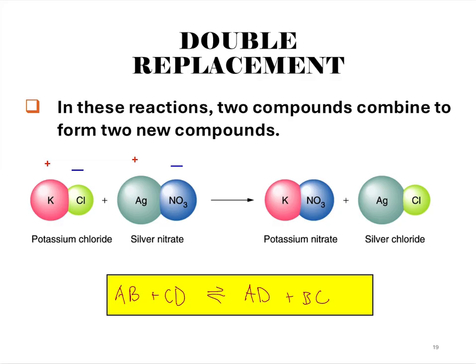So technically it would be AB plus CD goes to AD plus CB. I'll write it that way just because we usually write the cation first, and this is the cation in both cases. Both of the anions have exchanged the cations that were present.